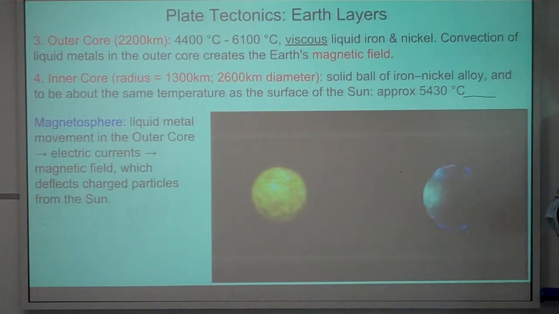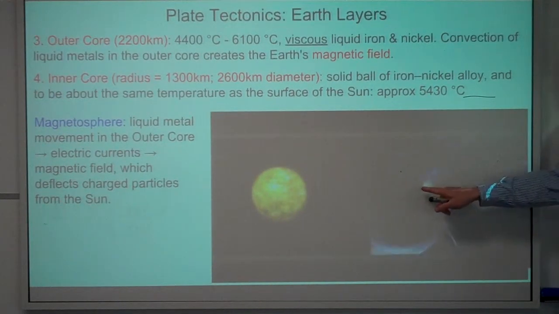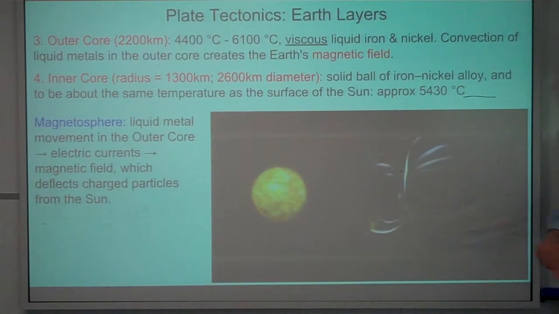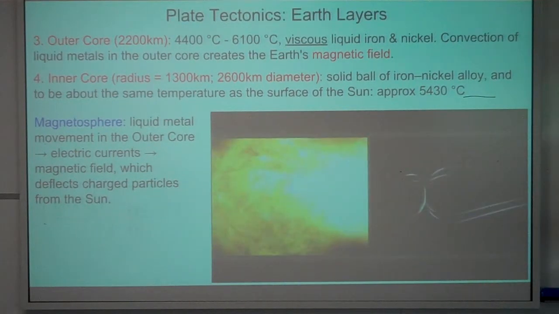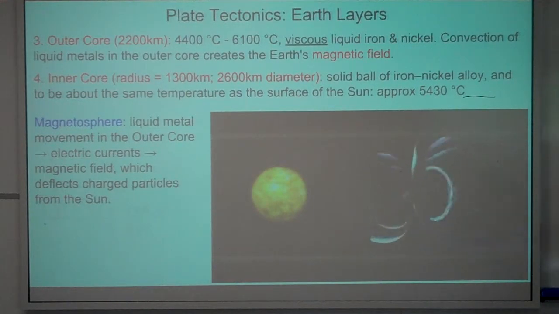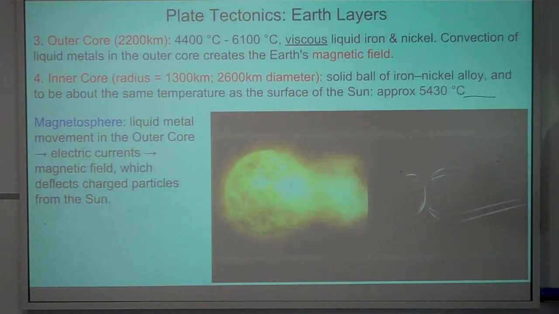The charged particles have an electric charge and therefore a magnetic charge, and when they hit the magnetic field of the magnetosphere, they go around the planet, and you get these beautiful northern lights and the southern lights. And so if you're visiting the Antarctic or maybe Alaska, you'll see the northern lights, and that's from charged particles from the sun being directed around the Earth because of our magnetic field.